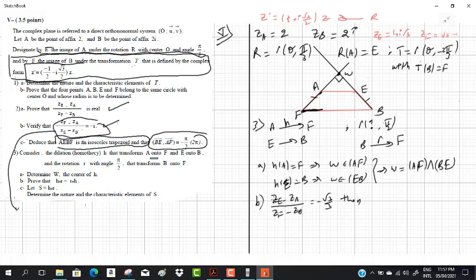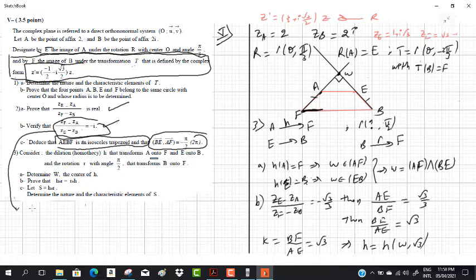Then the modulus of AE over BF equals radical 3 over 3. Okay, then BF over AE equals radical 3. Since H of A equal F and H of E equal B, the ratio k equals BF over AE, which I found to be radical 3. So H is a homothety of center W and ratio radical 3. Why did I find it? I'll write it here. Now the whole board is given.